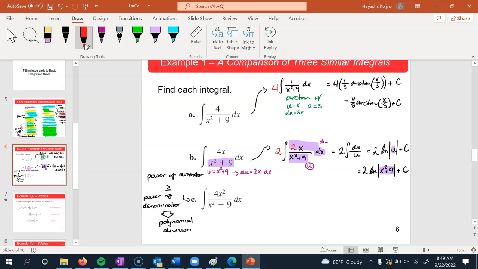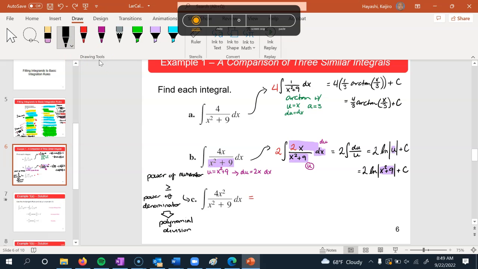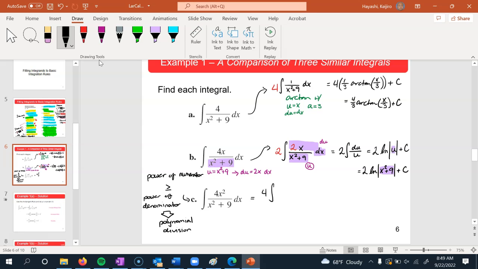So the point is to do polynomial division, and you can try to get clever with it, and instead, try to do something like, let's say you take that 4 to the front, and then add 9 and subtract 9 from the top.